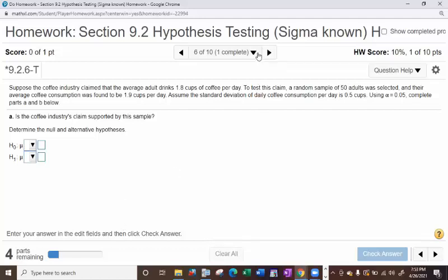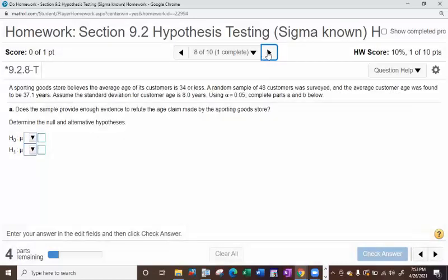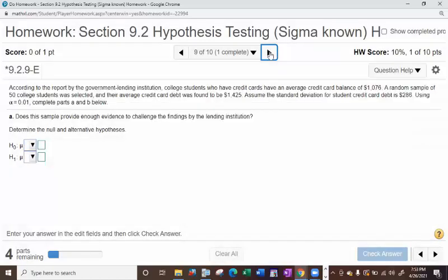Let me look and see. Less than. That's another less than or equal to. We already did that. Okay, this would accomplish the same thing as the one I'm about to do. Credit card balance of 1,076.